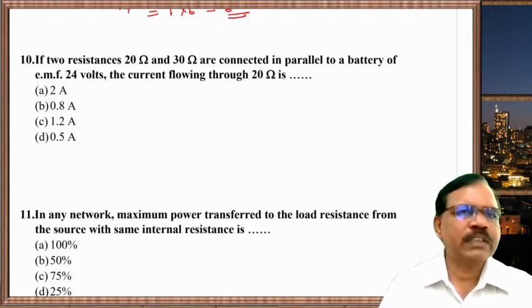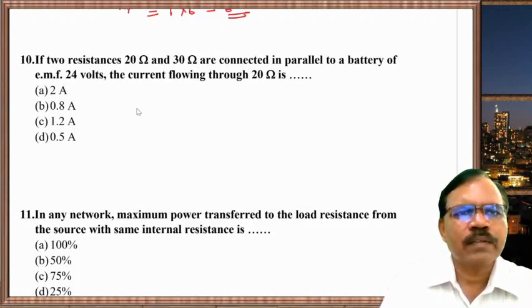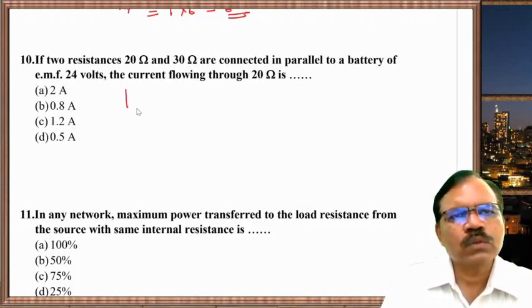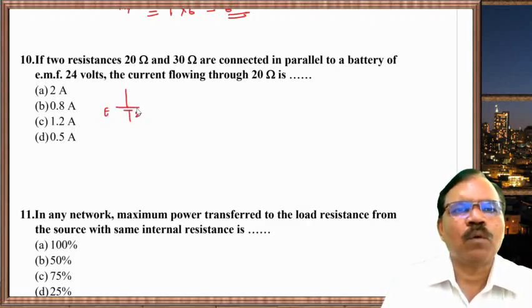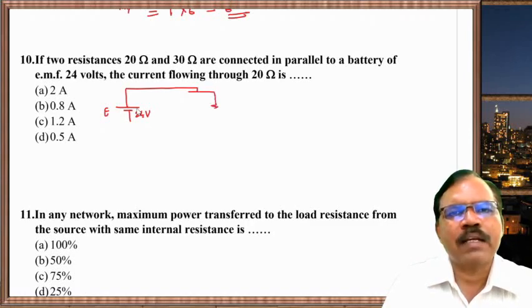Now in this case, we have here source E, that is 24 volt, and then we have two resistances, they are parallel, R1 and R2. Then we will have here total current I, here I1, here I2.